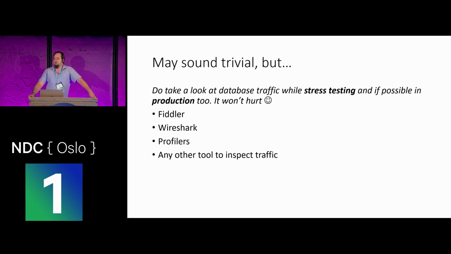So don't believe benchmarks, don't believe even your eyes. Use tools to prove that you are doing good things, that you have no inefficiency, that your queries are doing fine.